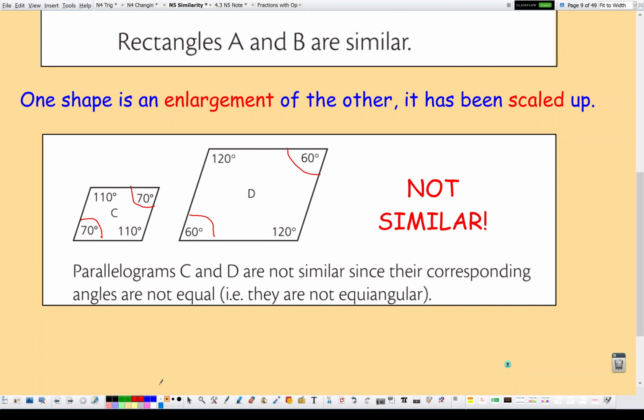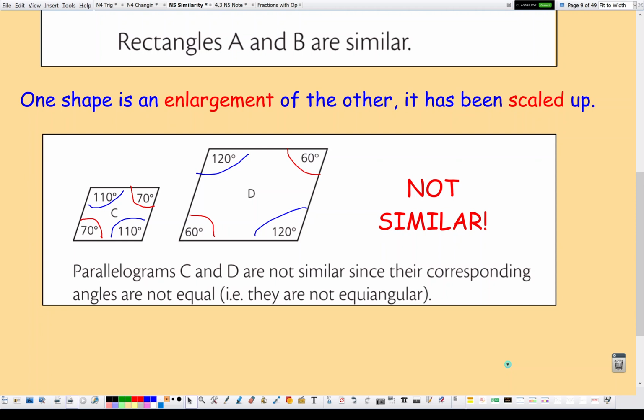That is no longer 70, and the corresponding angles on the other corners are no longer 110. Therefore, it is not a similar shape because the corresponding angles are not the same. They've changed the shape slightly. Okay, so that's what you need to think of. Are the angles the same? And really, in our case, we're just looking at the lengths of the sides. We don't deal too much with angles.